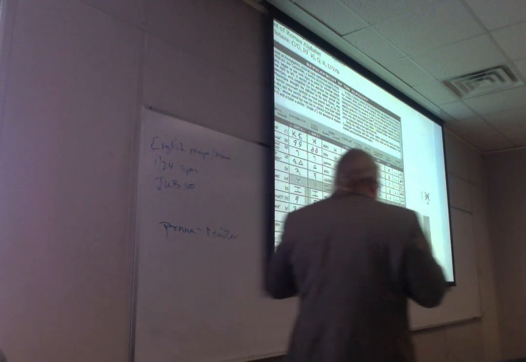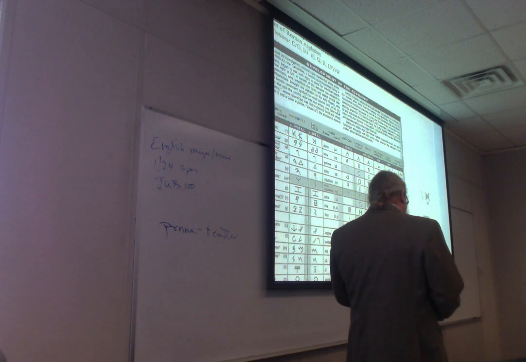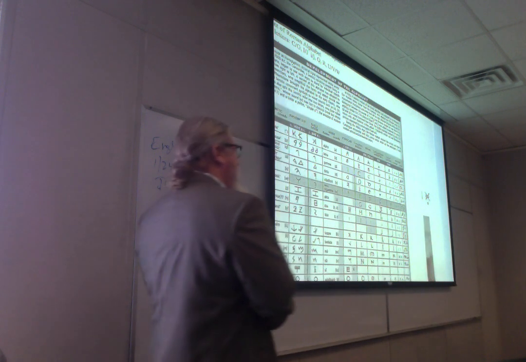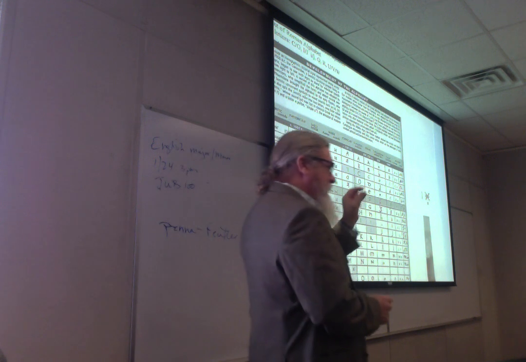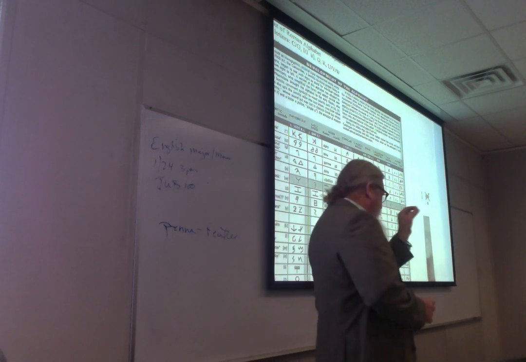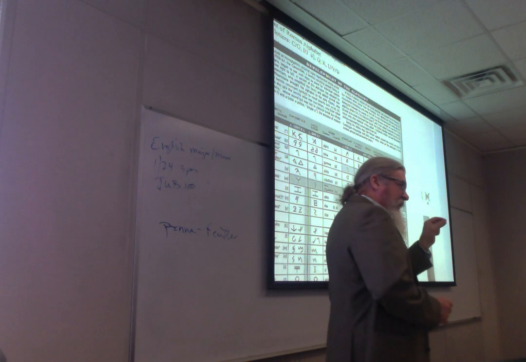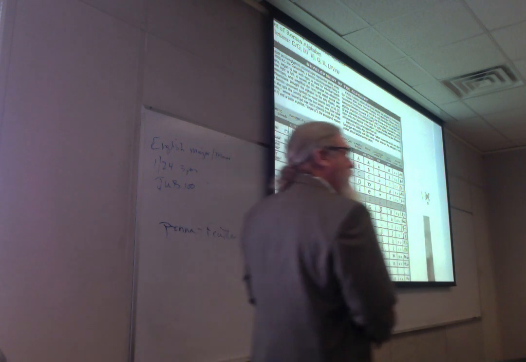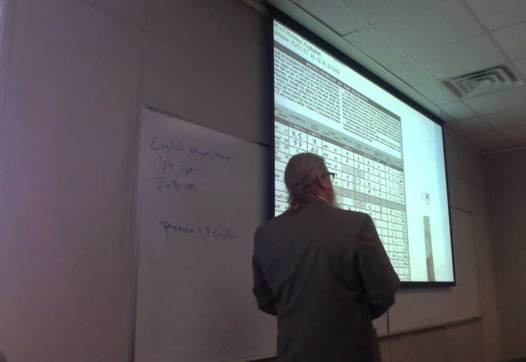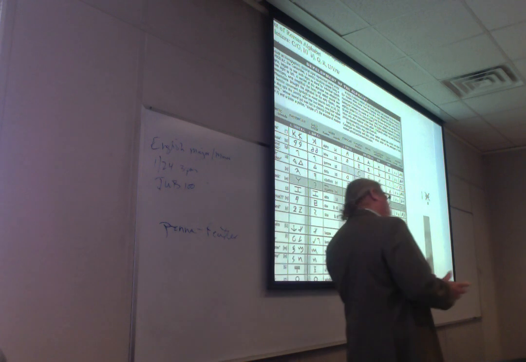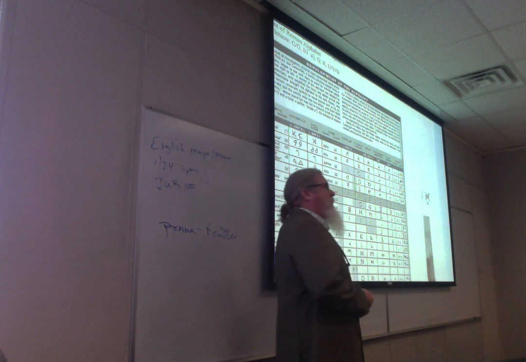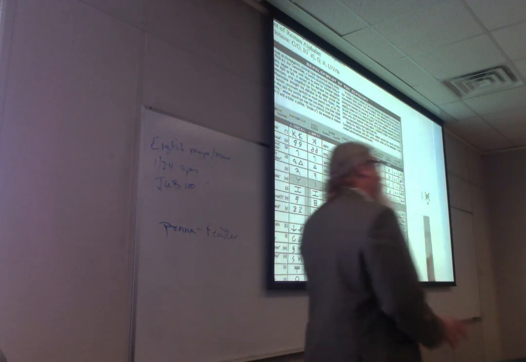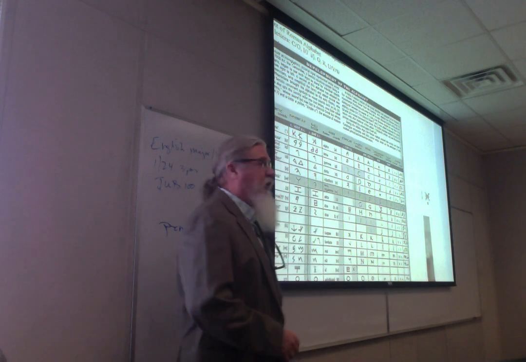And after printing developed in the 15th century, you had people making type, that is, individual letter forms out of metal, so that when you would have a book printed, you went to a compositor, publisher, let's say, and the publisher would give the text to the typesetter, or what in the early days at least was called a compositor.